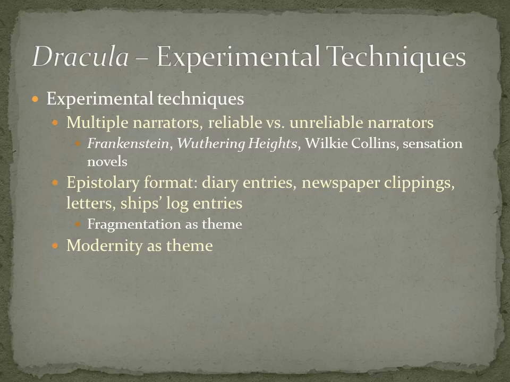So Dracula, we think of it as an old book now, but it's very much addressing these modern concerns in this modern world, at least at the time. Fragmentation being one of them. The emphases the novel places on science, medicine, and technology certainly are a factor there. New forms of technology we already talked about, as well as medicine and science, especially with Van Helsing and Seward.